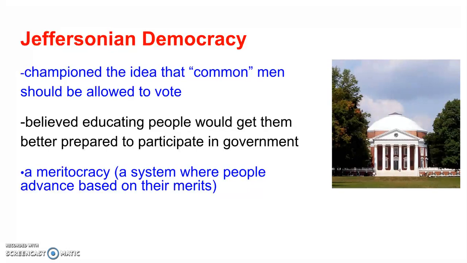He believed that educating people would get them better prepared to participate in government, so we needed to educate the poor people to teach them about government, and they would actually be able to make smart and decisive decisions. And he wanted a meritocracy. This is a system where people advance based on their merits, not on whoever had the most money could get the best job.